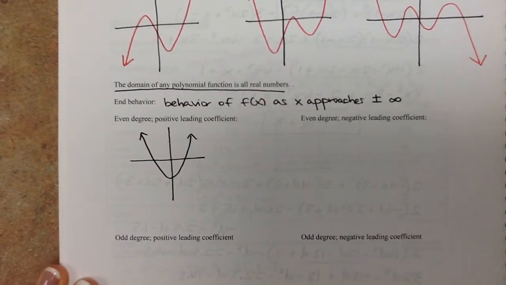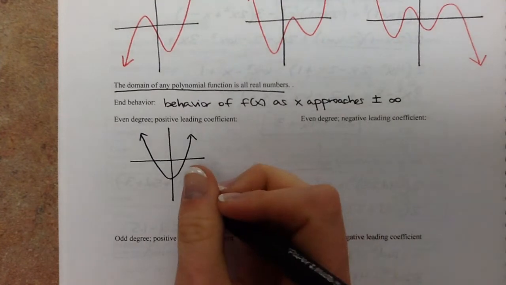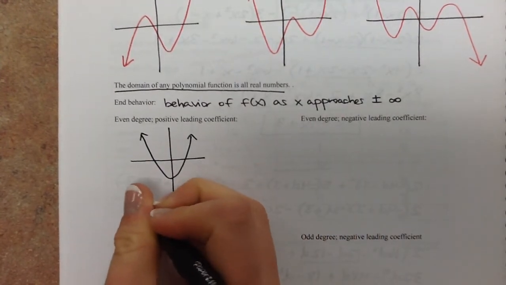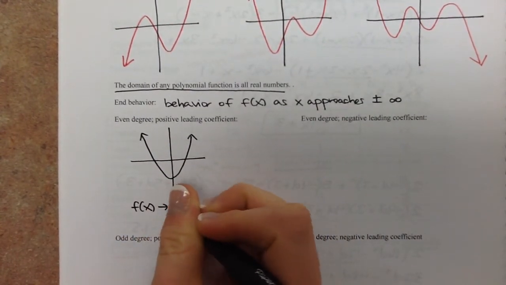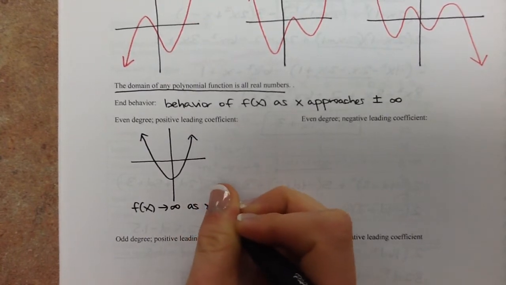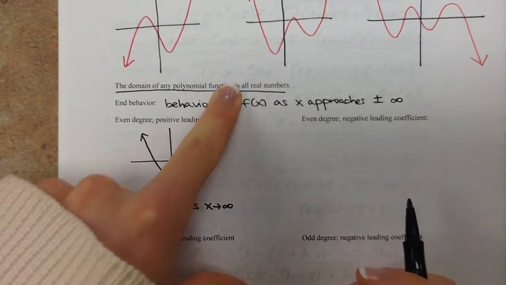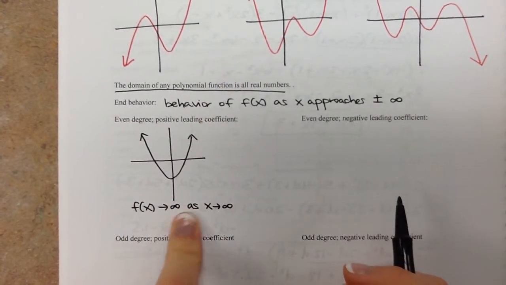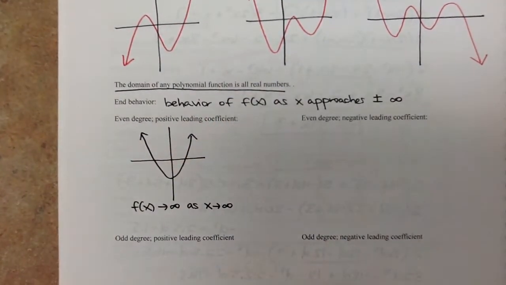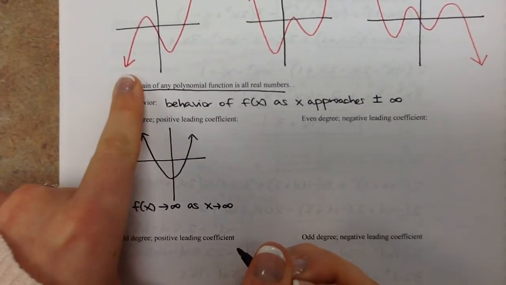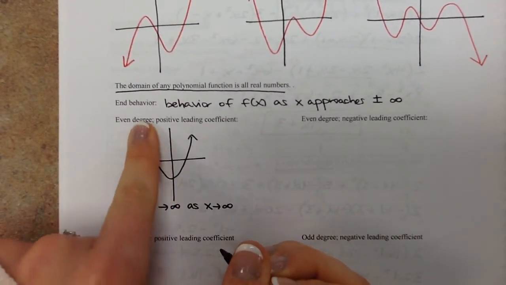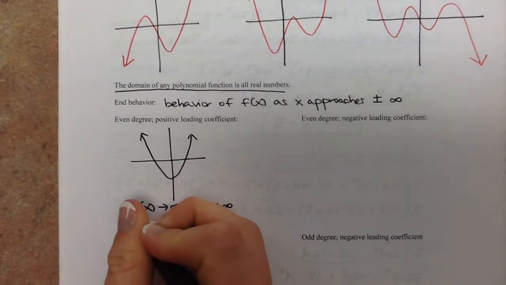So here's what you write down. We've got these 2 different behaviors. Behavior number 1, we say that f of x approaches infinity as x approaches infinity. Meaning, the larger my x values get, the larger my y values get. That's all this means. They're both headed in a positive direction. And as I go off in a negative direction, to the left, my graph is just getting higher and higher.